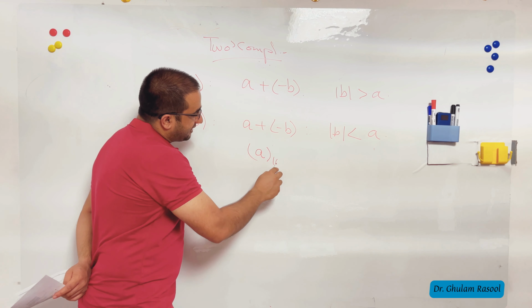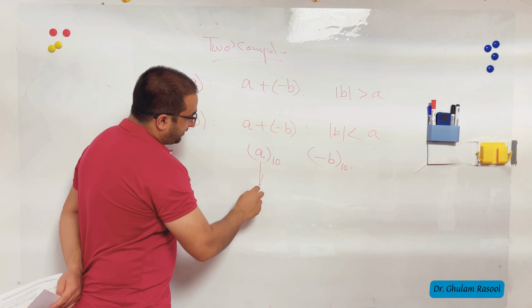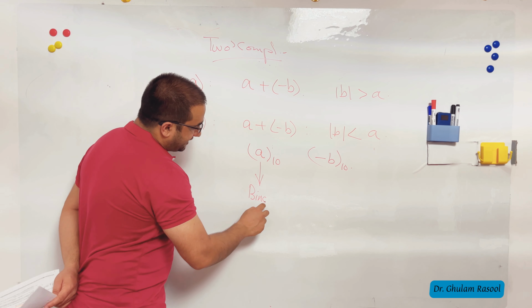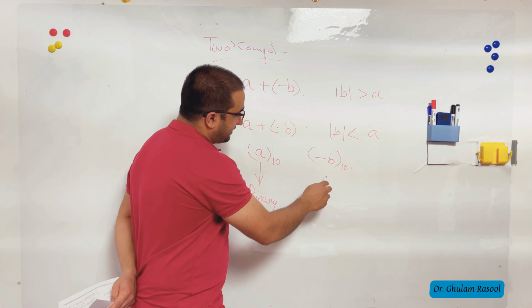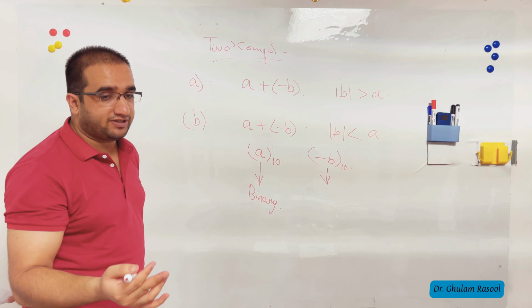In this case the method will be like this. This is the decimal number, this is the other decimal number. This is simple, you convert it into binary. In all these 4 cases you are following the 2's complement of 8 method.